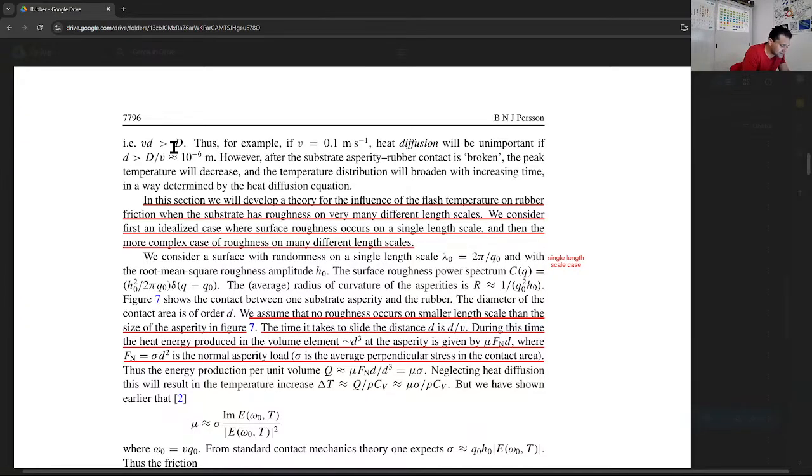However, after the substrate-asperity rubber contact is broken, the peak temperature will decrease.